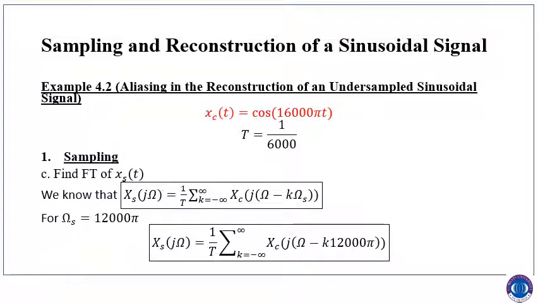And again we know that sampled impulses are obtained by convolving Xc(j omega) with a periodic impulse train. So when we convolve the periodic impulse train with Xc(j omega), what happens?